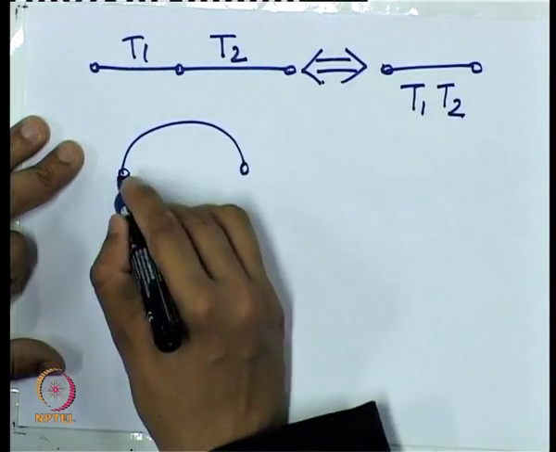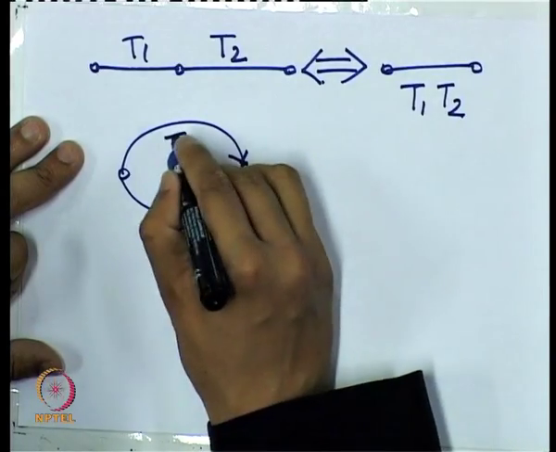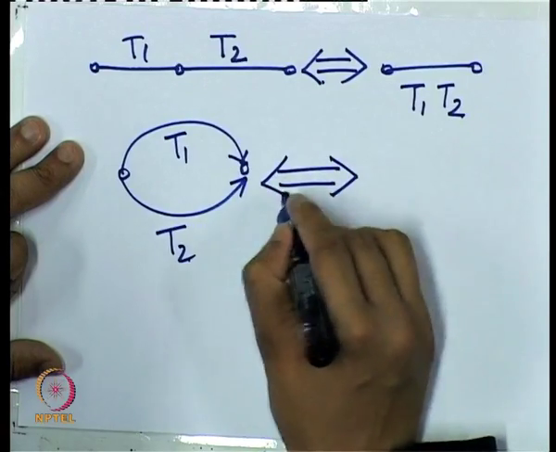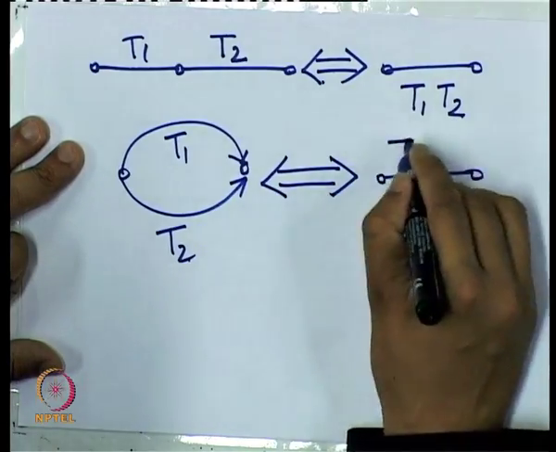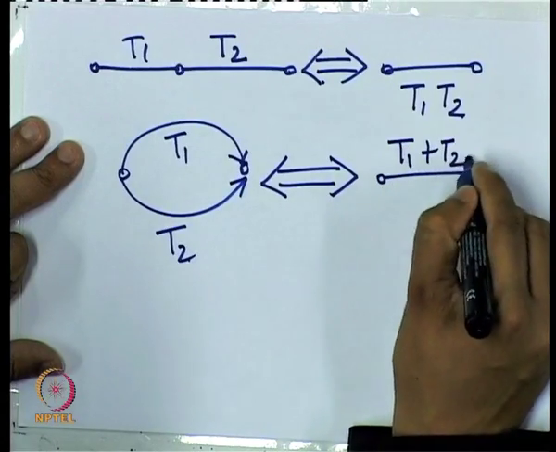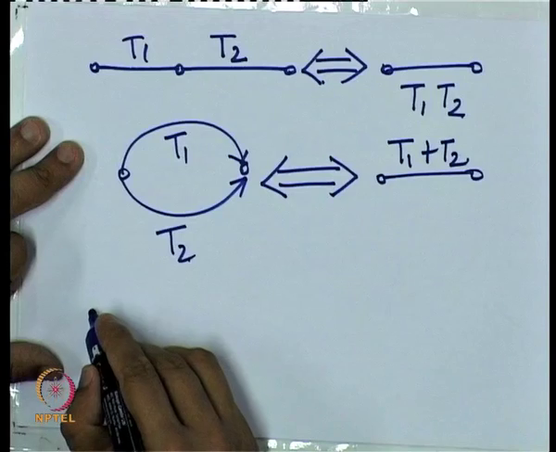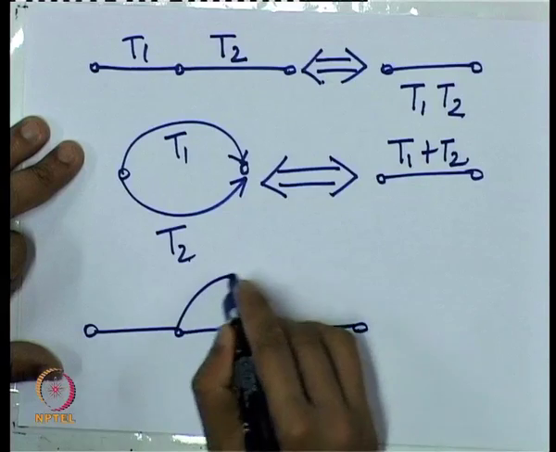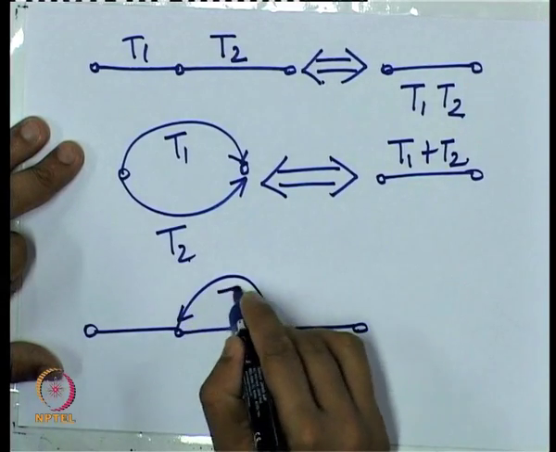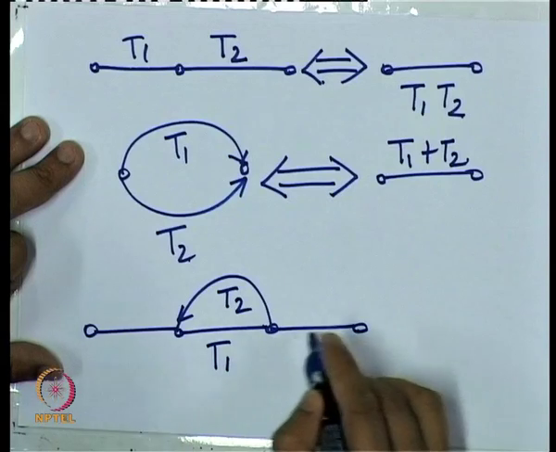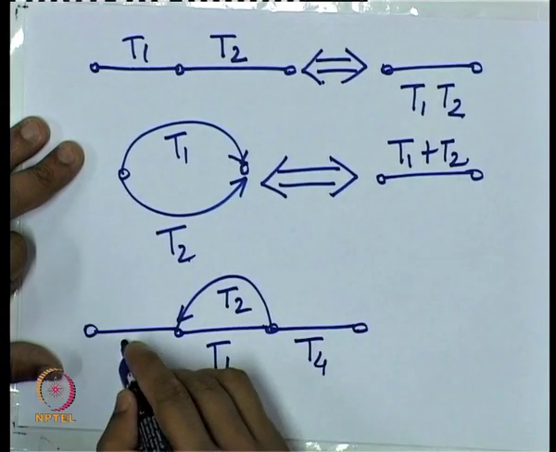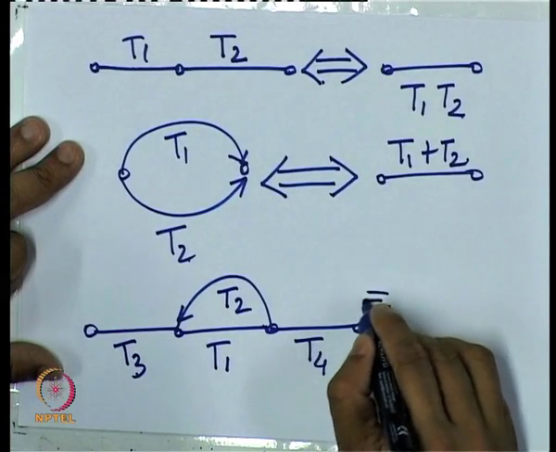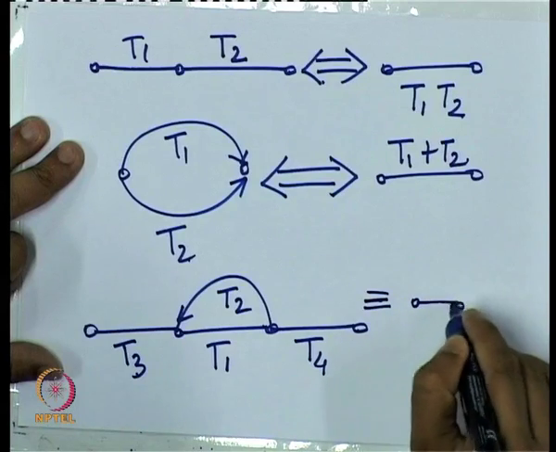If they are in shunt like this, then that is equivalent to this structure.